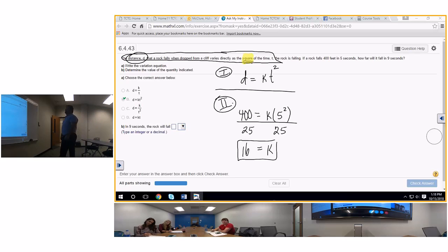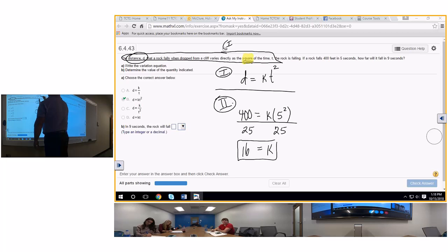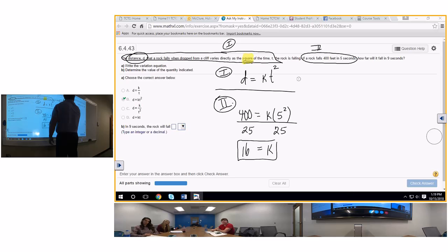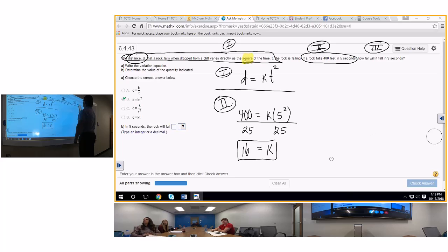So now part 3. This is part 1. This is part 2. And now this is part 3. So back substitute. D is equal to 16 times t squared.